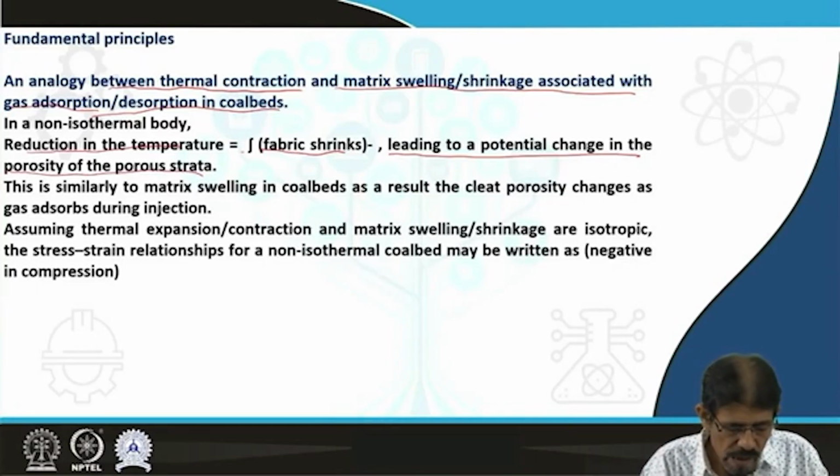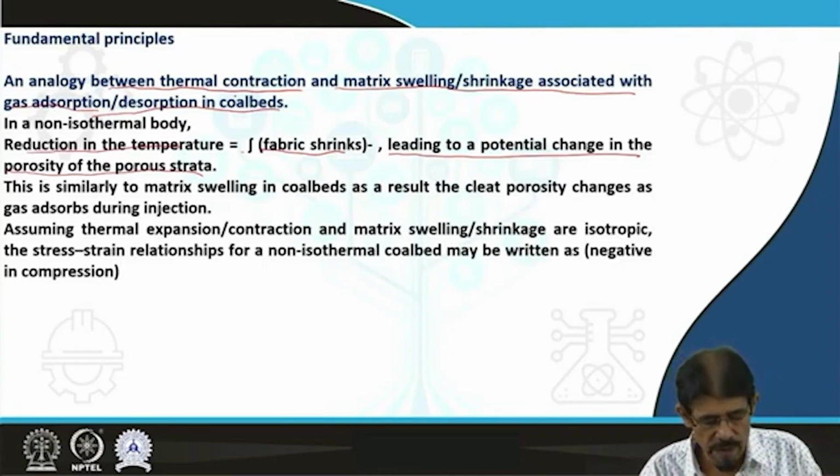Therefore, we can apply this concept in the case of CBM regarding matrix swelling in coal beds as an analogy.